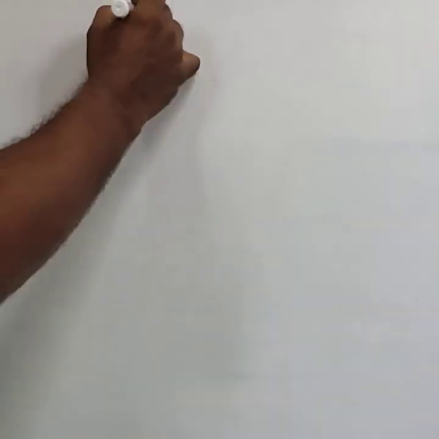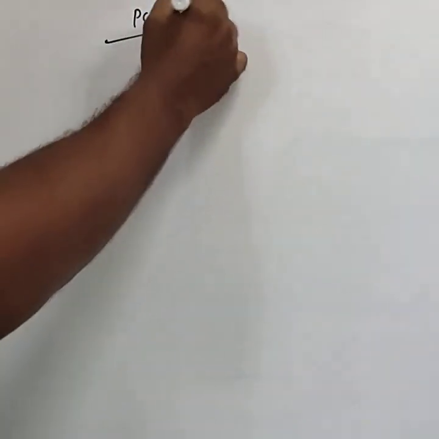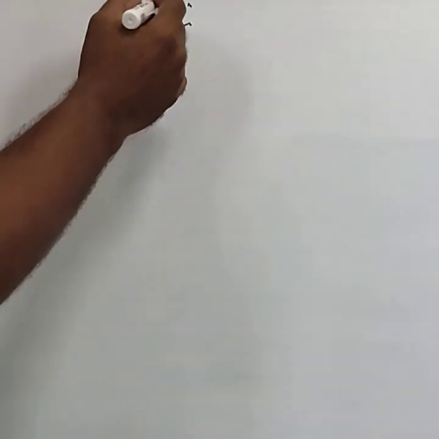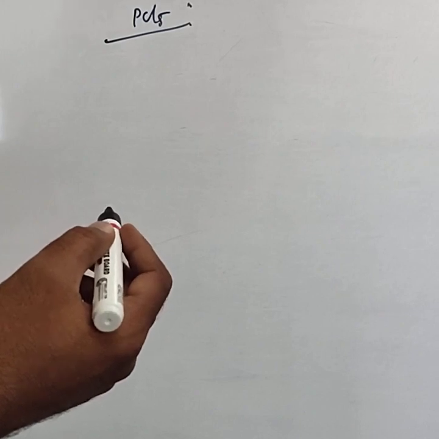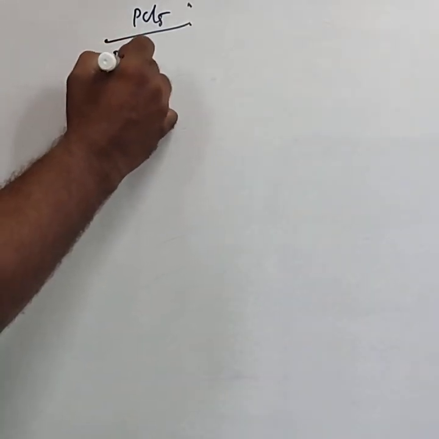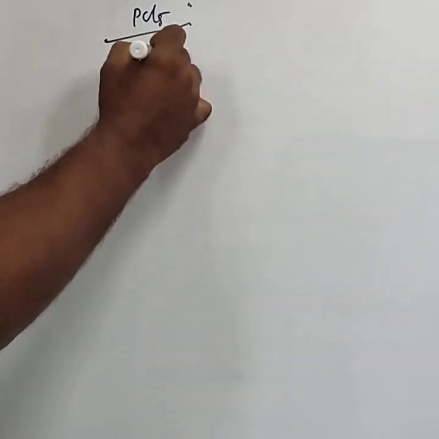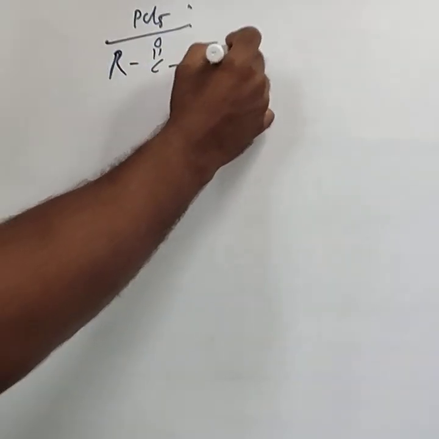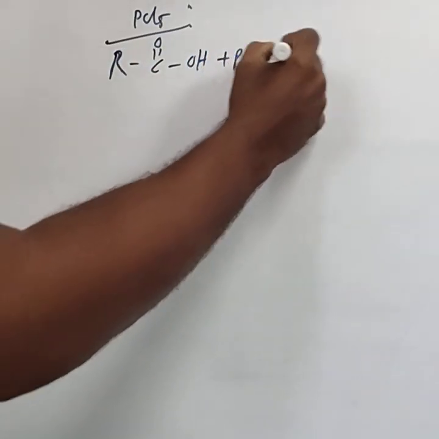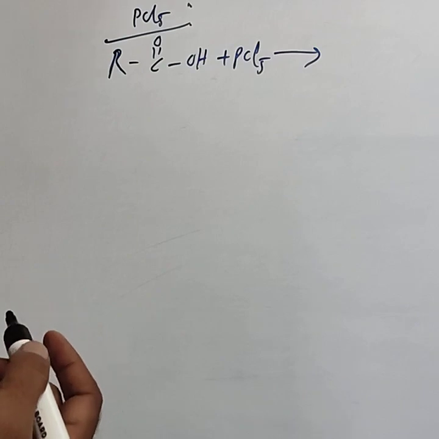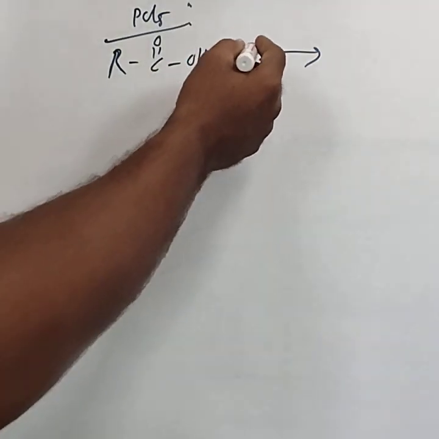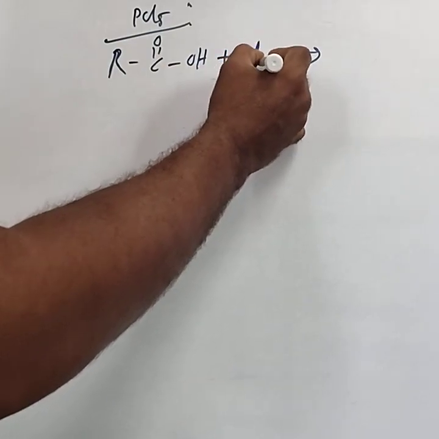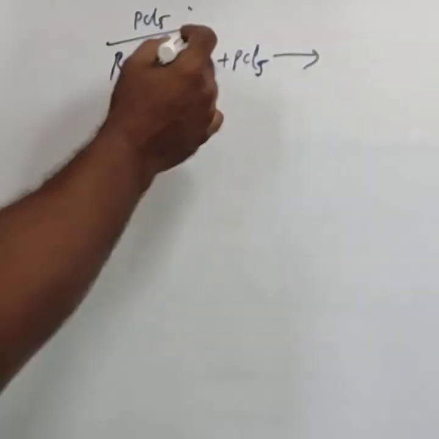Next one is the reaction with PCl5. We already considered the reaction with PCl5 in the alcohol chapter. Similarly, in carboxylic acids, RCOOH reacts with PCl5. PCl5 means phosphorus pentachloride. With PCl5, we always have to remove POCl3.